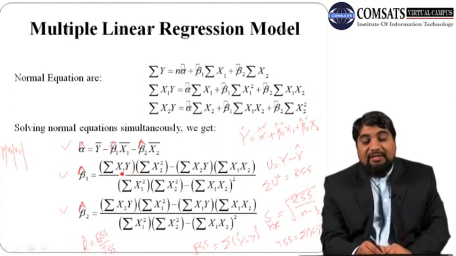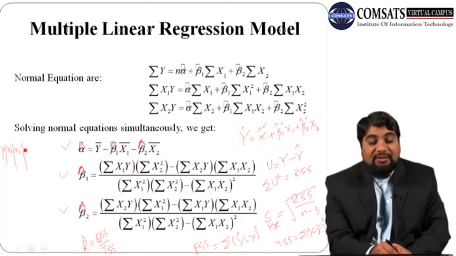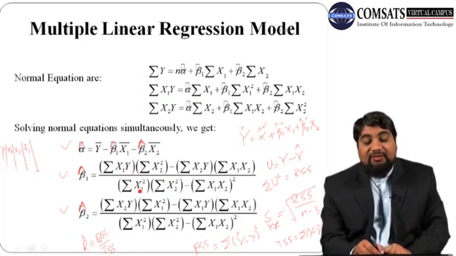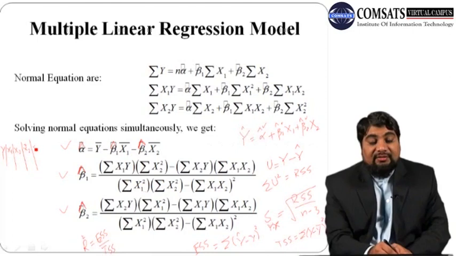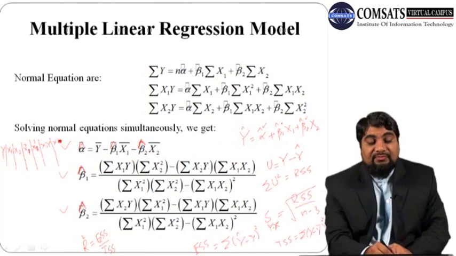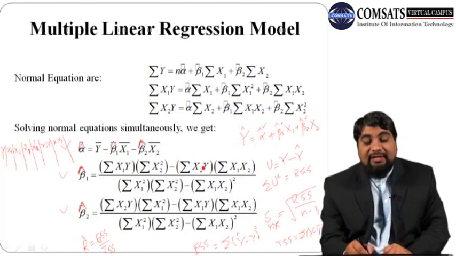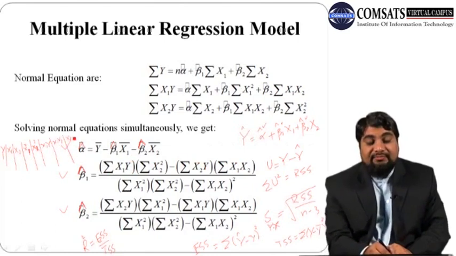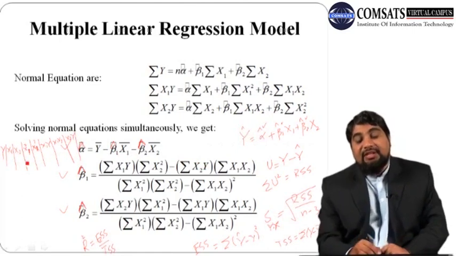You need summation x2 square, so construct a new column x2 square, and then x1 square. Try to do the calculations in order: x1 square, x2 square, then x1y. Construct a new column x1y, then x1x2, and in the end x2y. So only these columns are needed.